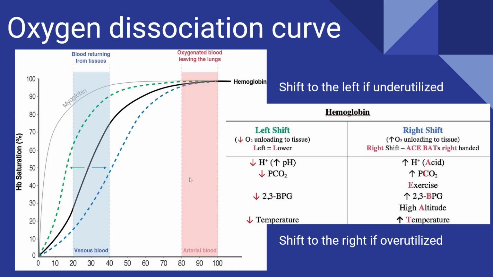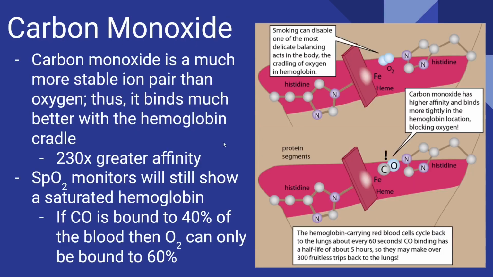That can be things like hyperthermic patients or people who are exercising a lot. This is just a fun way to visualize the use of oxygen, and you'll probably see it again at some point in your career.